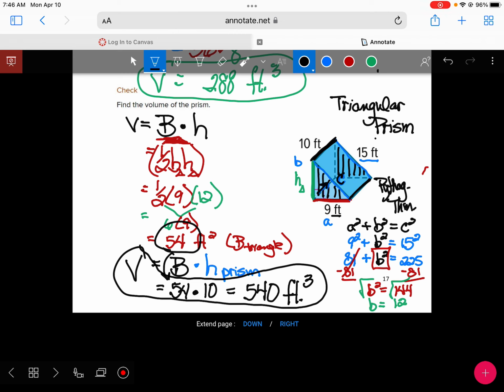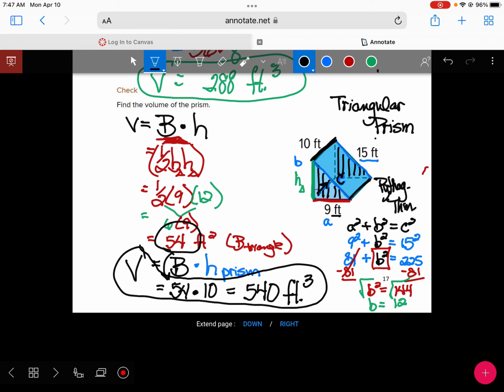So in our picture, looking at it from a slightly different angle, this was 9 feet here. This was my B, which I was trying to find. There's 10 feet, there's 15.